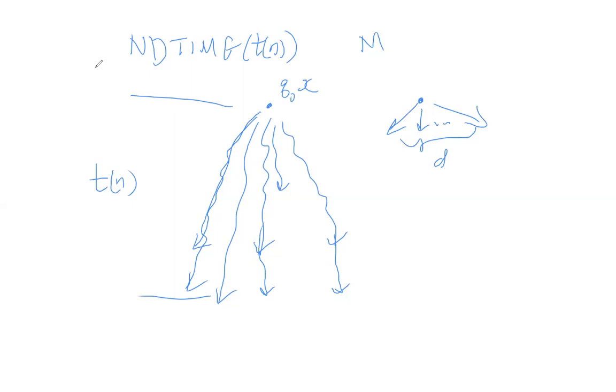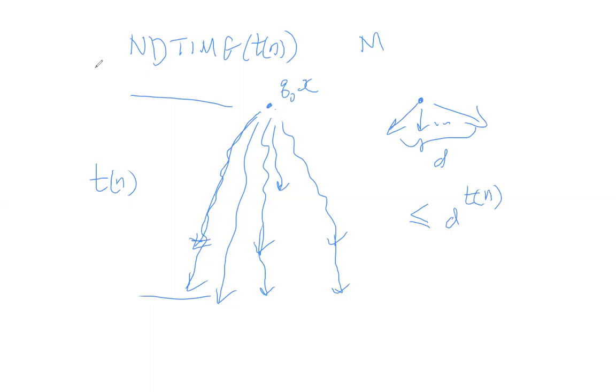Then the number of paths, taking each of them as the same height, is at most the maximum number of paths, which is less than or equal to d to the T of n.